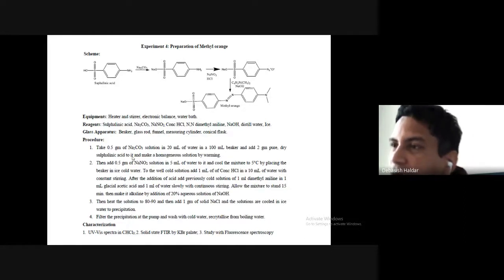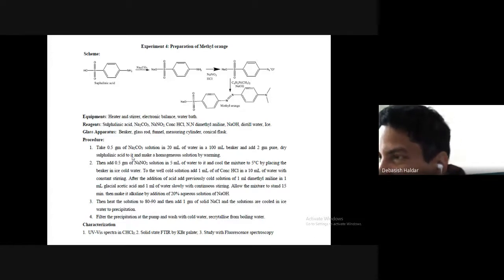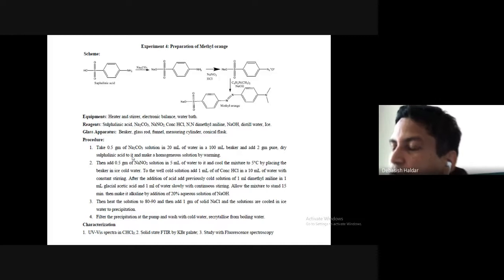Once it dissolves, we will add 0.5 gram NaNO2 in 5 ml water: we'll dissolve it, make a clear solution, and then add this to the sulfanilic acid solution. And this solution we will cool to 0 to 5 degrees centigrade by placing it in ice cold water.